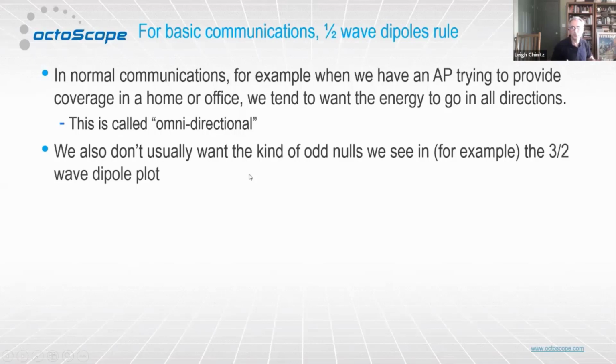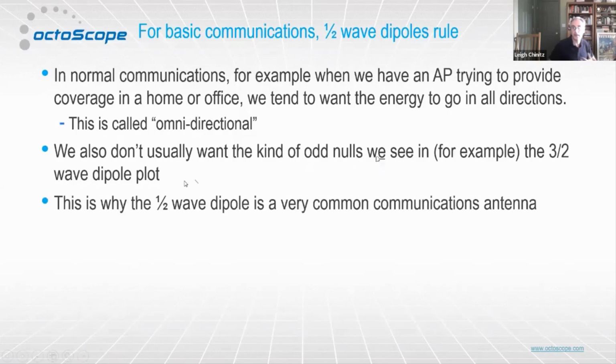We typically don't want the kind of nulls seen in that 1.5 wavelength dipole plot, where we had those 2 big nulls in the middle. That would mean very poor communication if the access point, for example, or base station happened to be in the direction of one of those nulls. We usually don't want that, and that's why the half wavelength dipole is a really common communications antenna.